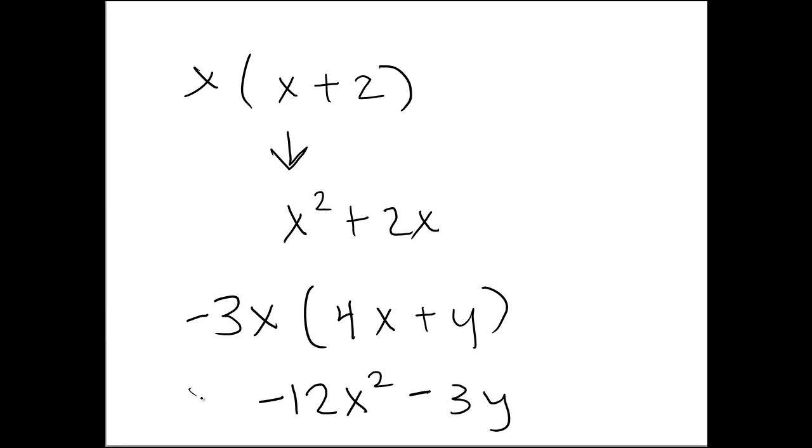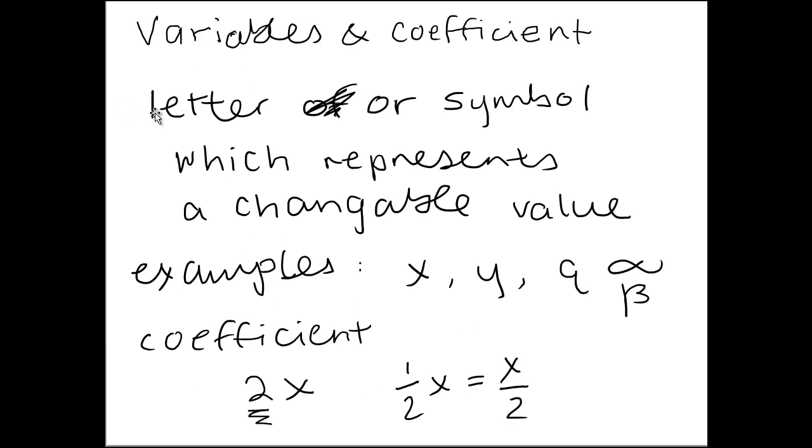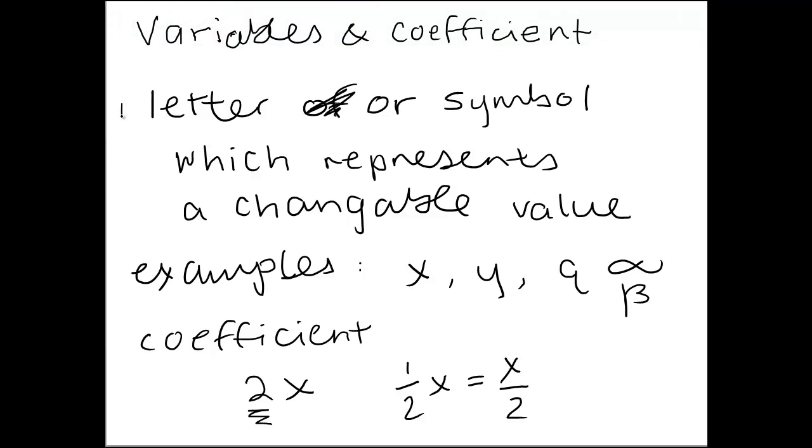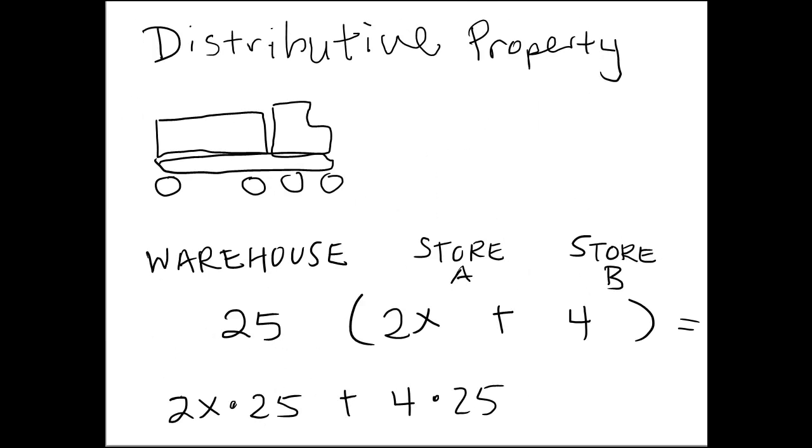So, let's review. Variables and coefficients. A variable is a letter or symbol which represents a changeable value. A coefficient is the number that goes in front of the variable, or below if it's a fraction. Then we have the distributive property, which is like a truck leaving from the warehouse.